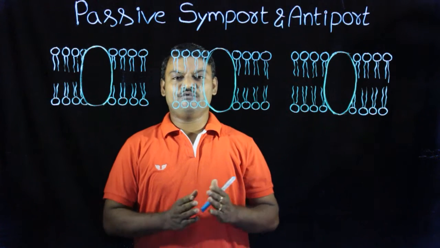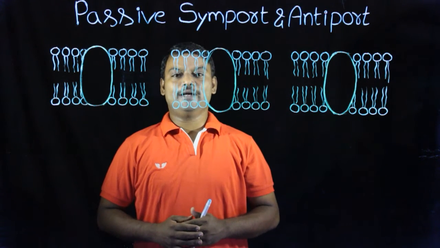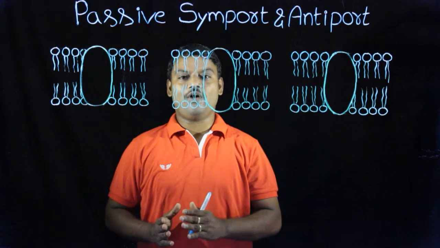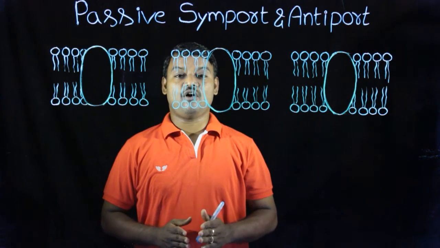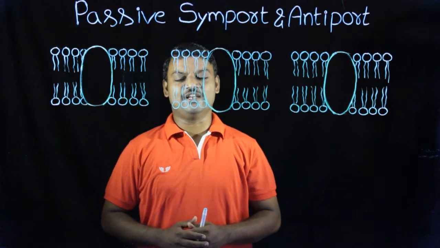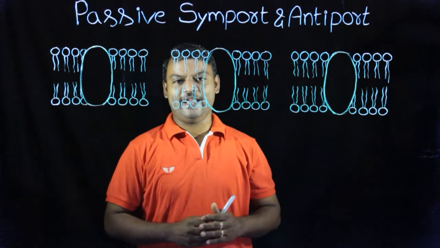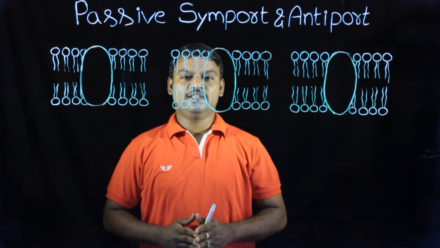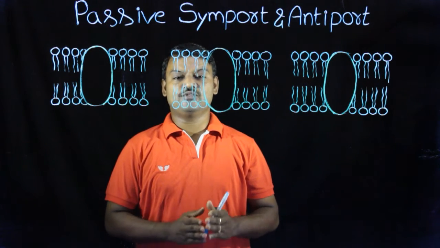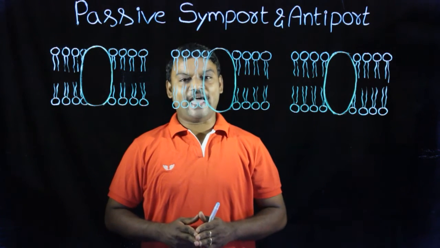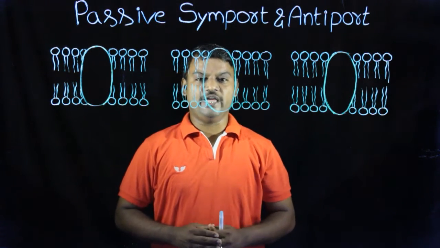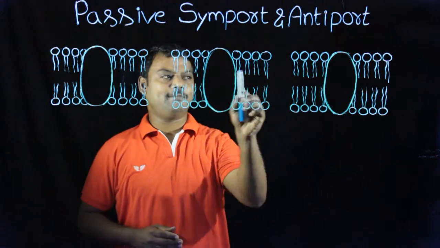In diffusion and facilitated diffusion, the movement of molecules or substances takes place from a region of higher concentration to a region of lower concentration without using ATP energy. But in facilitated diffusion, the transportation of molecules or substances is carried out by some special membrane proteins present in the plasma membrane.